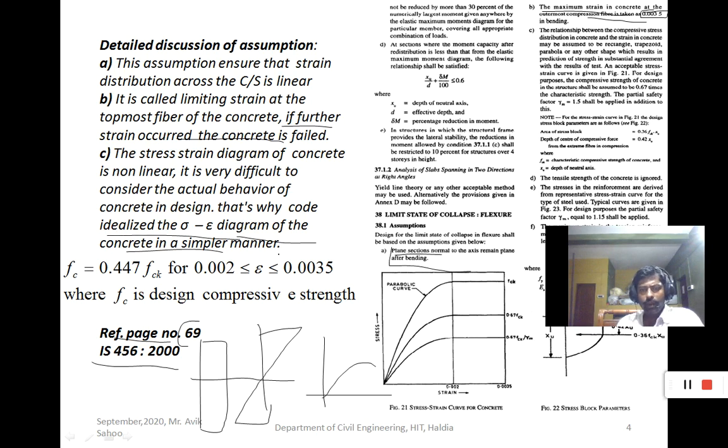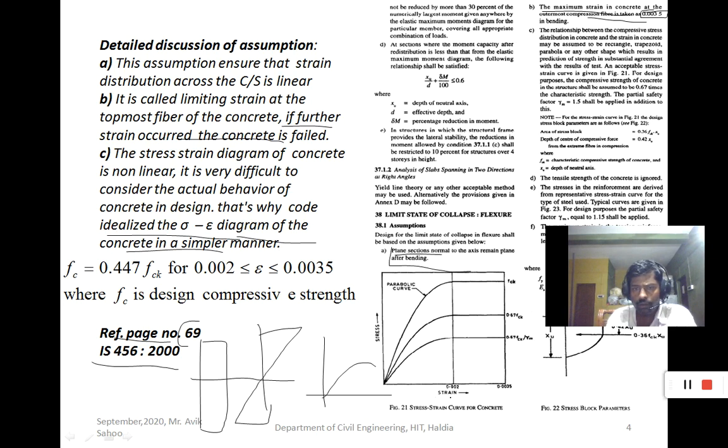Now, as per the assumption, different idealizations or different models you may consider. Here this type of idealization is made to find out the strength of the concrete. So you see that this is the actual stress strain diagram and the idealized stress strain diagram.